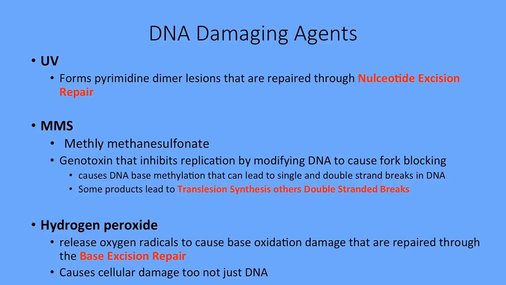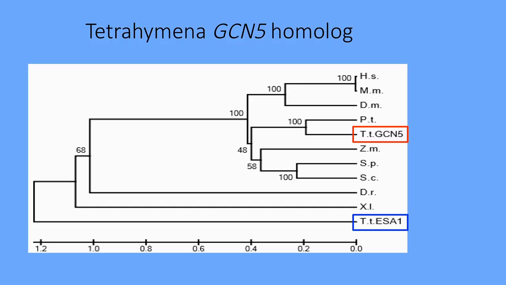We're going to look at UV for nucleotide excision repair, MMS for looking at translesion synthesis or double-strand break repair, depending on the concentration and the amount of time you can get, sometimes more base excision repair or double-stranded breaks. And then we're going to look at hydrogen peroxide, which will give a more generalized release of oxygen radicals and be involved in base excision repair.